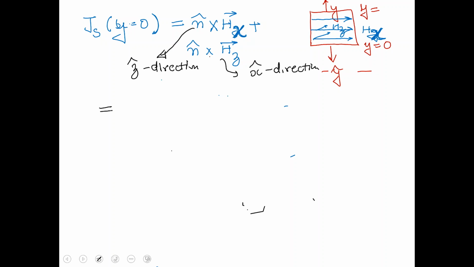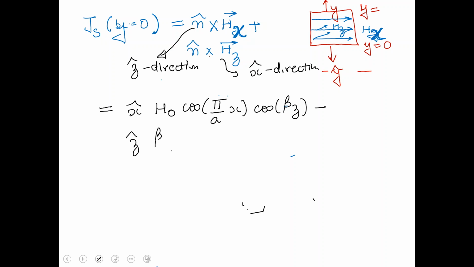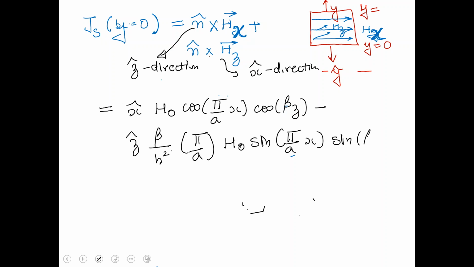If we calculate this, just substitute the terms, you will see we will get x H naught cos of pi by a x cos of beta z minus z of beta by h square pi by a H naught sine pi by a x sine beta z.